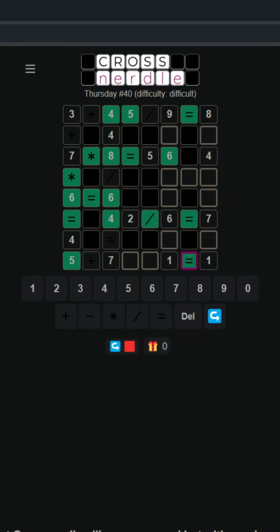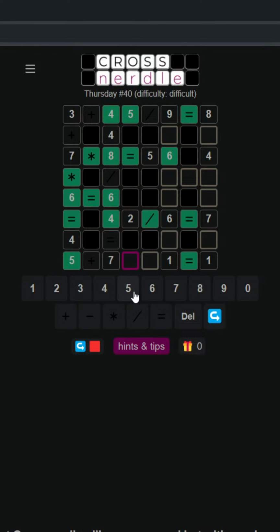5 plus 7 is 12. I need to remember PEMDAS though. I need to get a sticky note. I need to get a stapler. I just need to put something so I can remember the order of operations. After all my time on this earth, all the math I've done, I can't remember basic order of operations. Oh man.